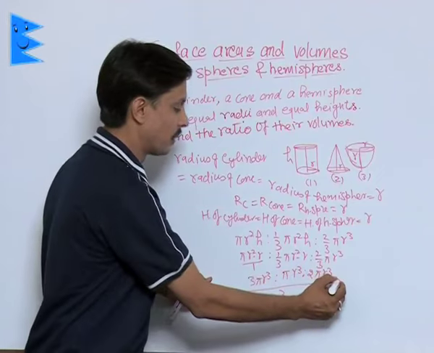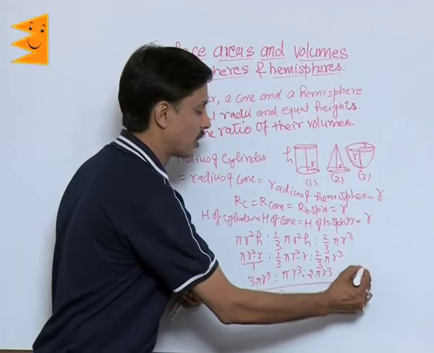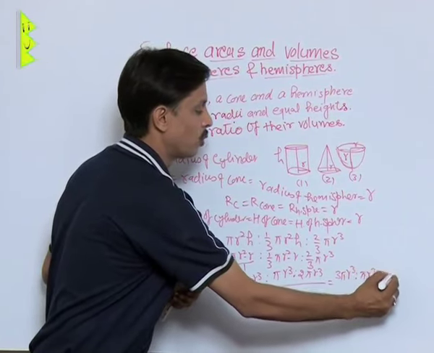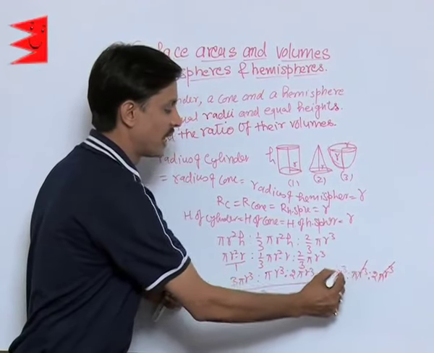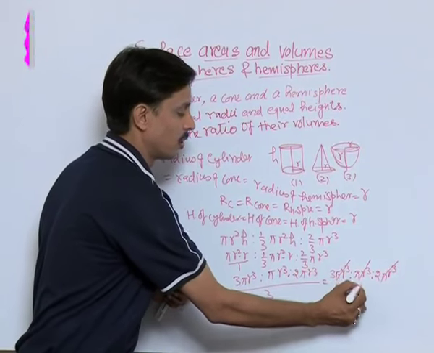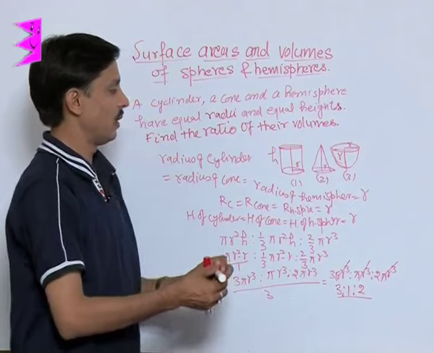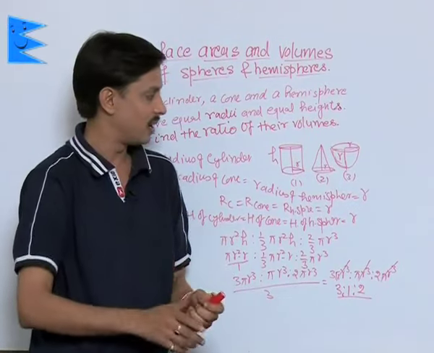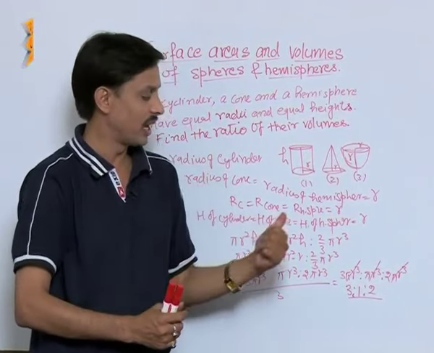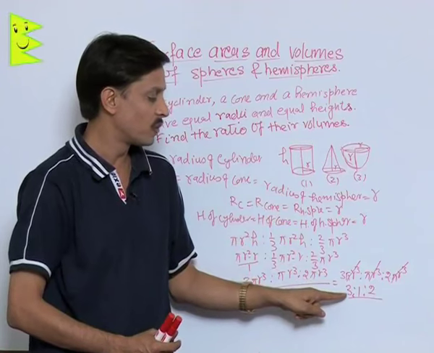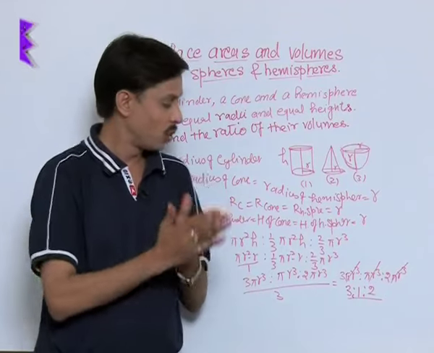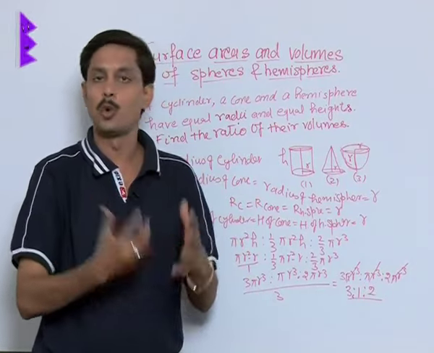So this becomes 3 pi r cube is to pi r cube is to 2 pi r cube. Pi r cube cancels, leaving 3 is to 1 is to 2. So if a cylinder, a cone and a hemisphere have the same radii and same height, the ratio of their volumes is 3:1:2. Similarly, you can extend this to calculate the ratio of curved surface area, total surface area, etc.